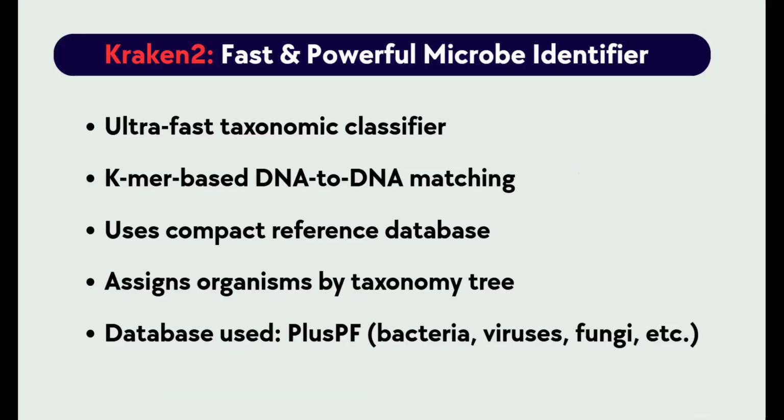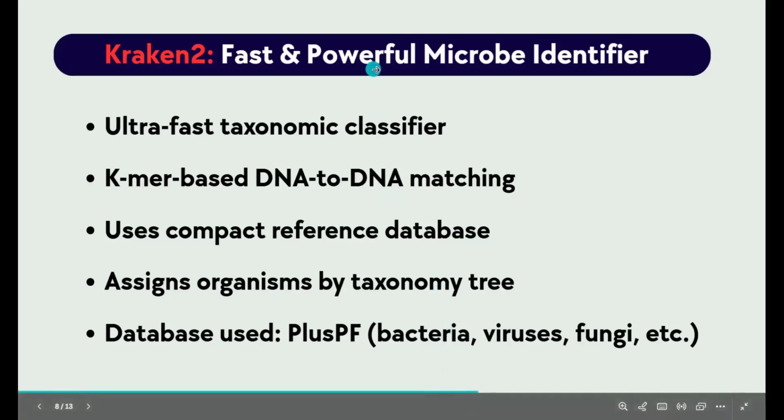Using a wide-ranging database like this ensures you are not missing any key organisms. It gives us a comprehensive overview of all possible microbial life in the sample. Now, after knowing the basics about the Kraken 2 tool and its key features, we will be moving into Galaxy to run our tool.